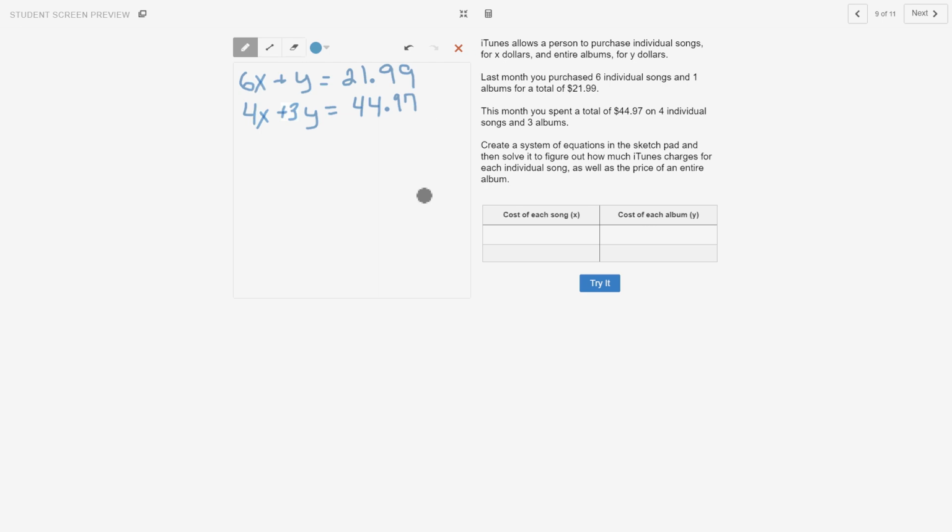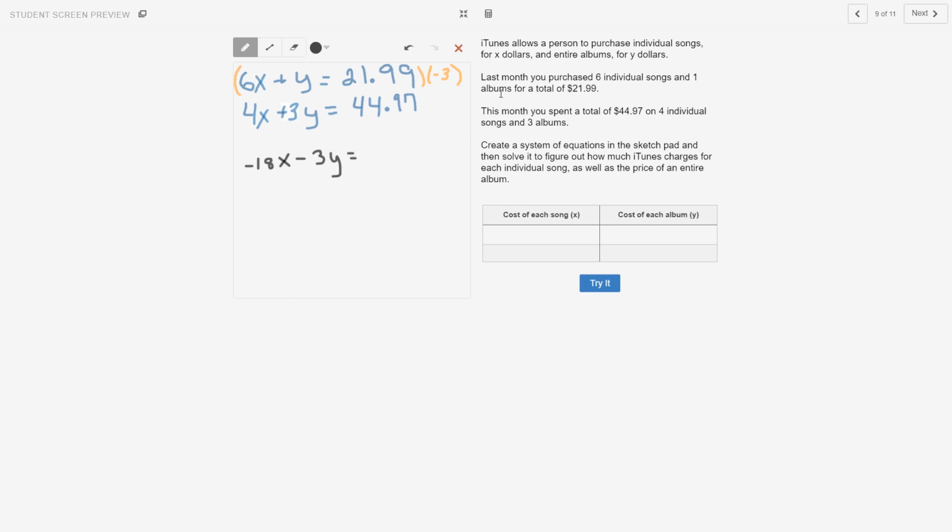So now I need to figure out who I want to eliminate. I'm thinking the Y's are going to be the easiest one because that is just a single Y right there. So I notice I have a 3 here. The opposite of 3 is -3. So I'm going to multiply that top equation by -3. And I'm going to have to rewrite it. That's going to give me -18x minus 3y.